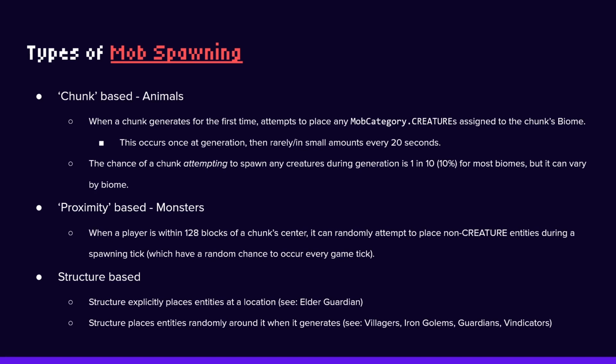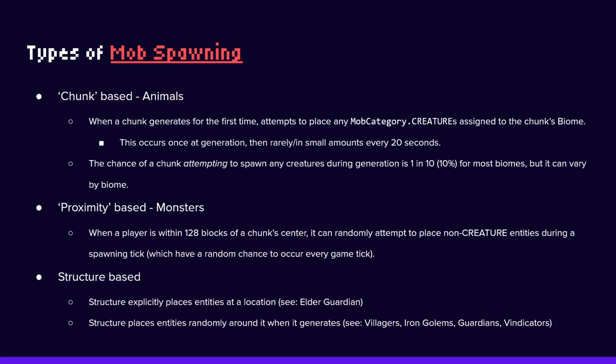Each biome has a unique chance for its chunk to trigger a spawning event. By default, that's 1 in 10, but it can vary by the biome. So in most biomes, 1 in 10 chunks will try spawning animals on them when they generate initially.